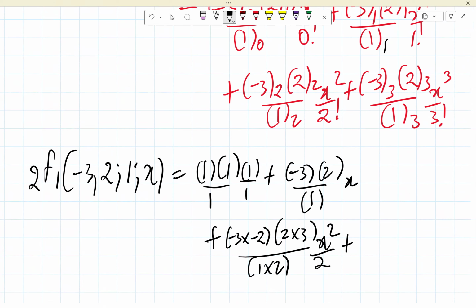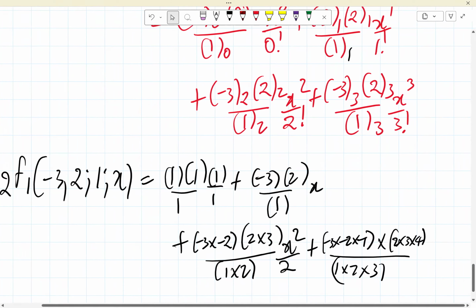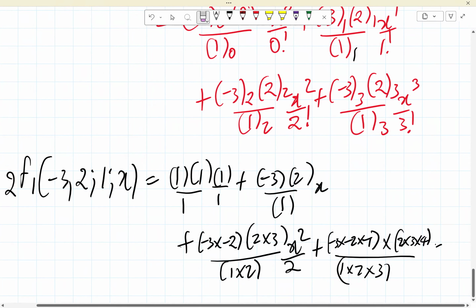Then minus 3 sub 3, that'll be minus 3 times minus 2 times minus 1, because we are increasing the powers, multiplied by 2 times 3 times 4, over 1 times 2 times 3. Then we have x raised to power 3 all over 6.